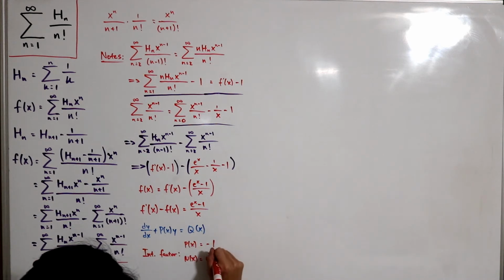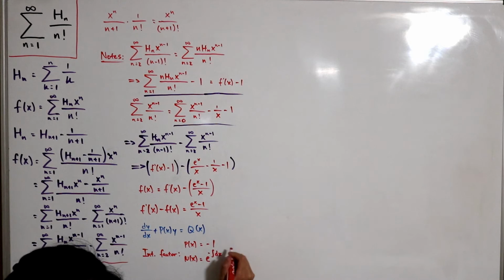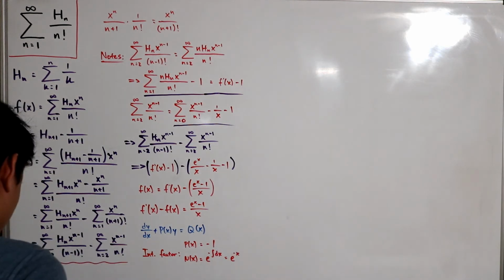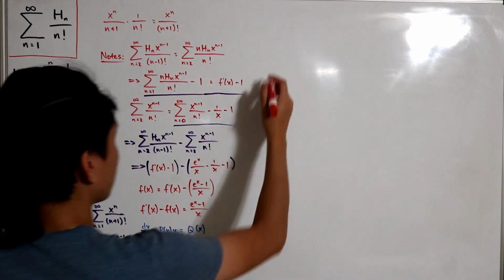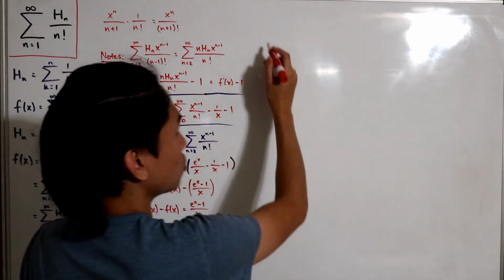But I'll just write this as negative the integral of dx, and so that's just equal to e to the negative x. So now from here, I'll just multiply e to the negative x to both sides of the equation.